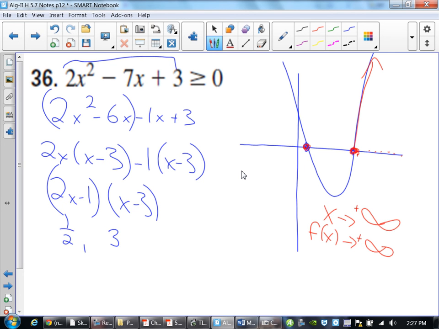It's positive after 3. So as x is greater than or equal to 3, this is getting larger and larger. It's above 0. Same deal on the other side. It's above 0 when x is less than or equal to 1/2. The curve is above it.